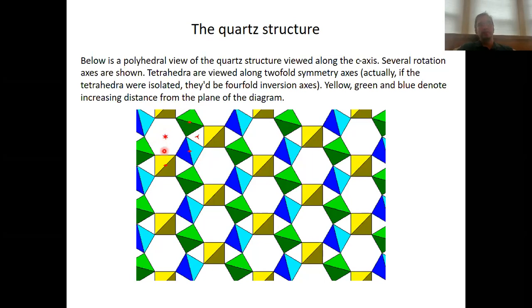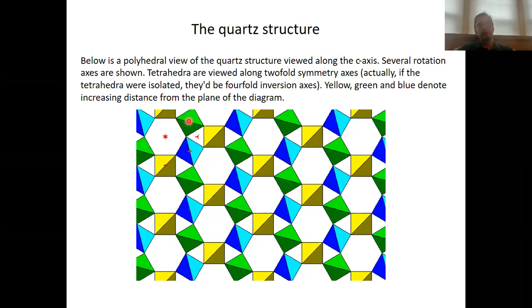Okay, then there are again six tetrahedra that belong to a sixfold screw axis, which would run here. So in this case, we would have six tetrahedra that would belong to a particular screw axis. So 1, 2, 3, 4, 5, 6 tetrahedra overall. In addition to that, we also have a twofold axis in the crystal structure.